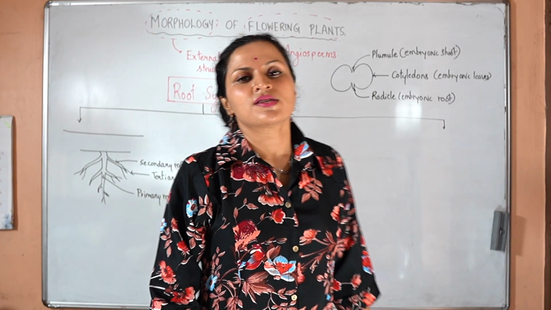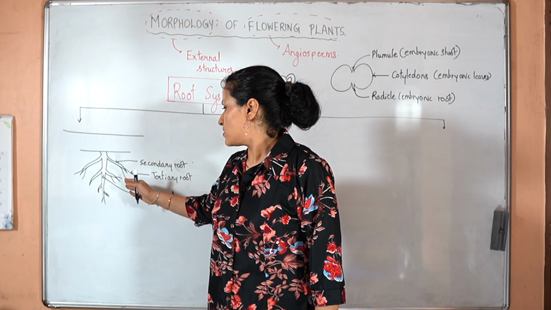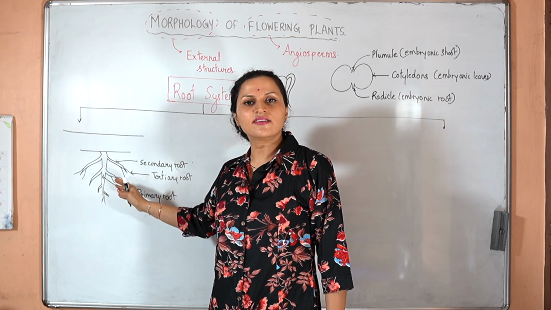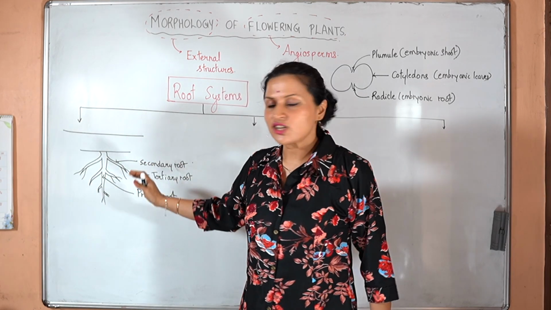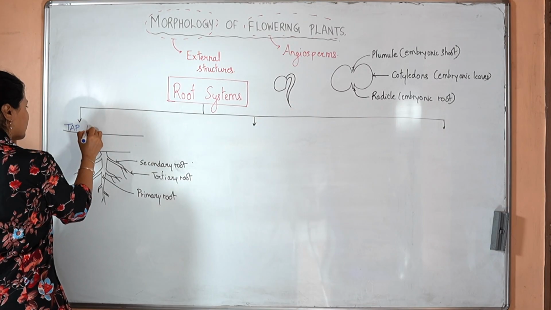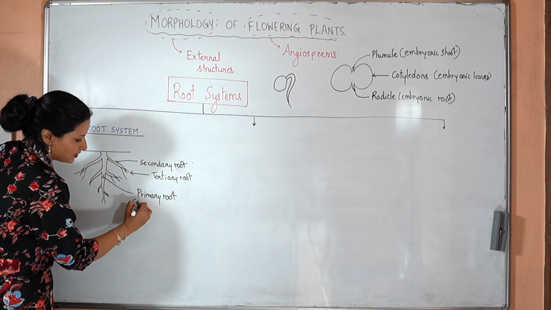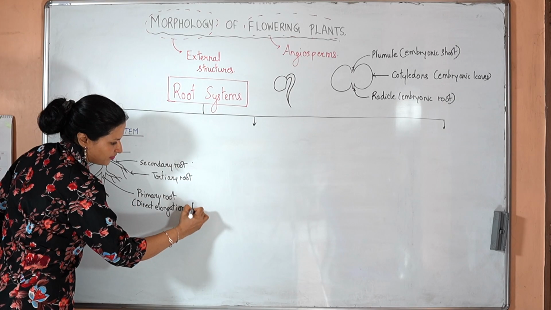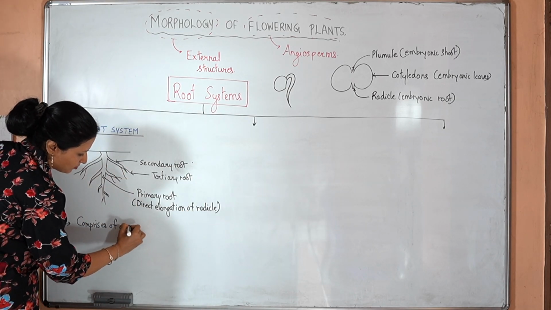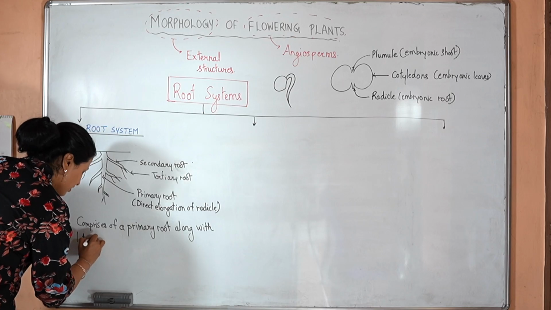This type of root system in which the main root is a direct elongation of the radicle bearing the secondary and the tertiary roots is called a tap root system. Tap root system: primary root is the direct elongation of radicle. So the tap root system comprises a primary root along with lateral branches.